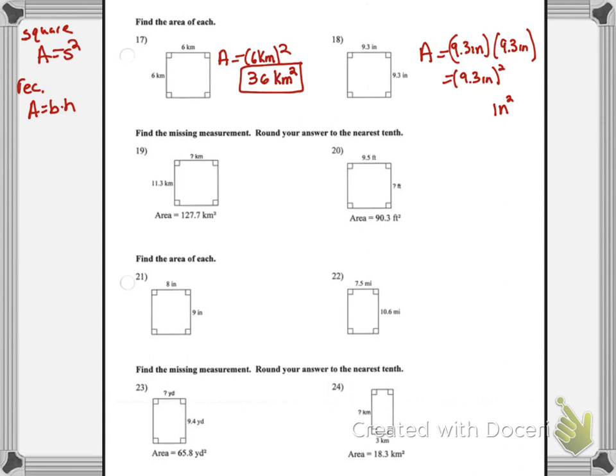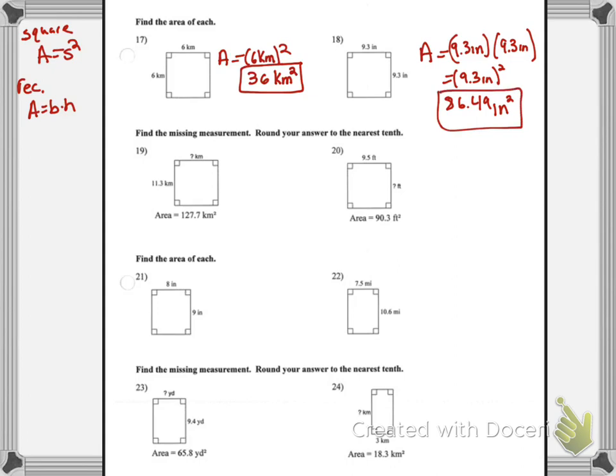Get out your calculator again. 9.3 times 9.3 should give us 86.49. I believe the directions told us to round, oh, it's on this one. It just says find the area, so we don't have to round at all. This one works out perfect. So we just put this here.